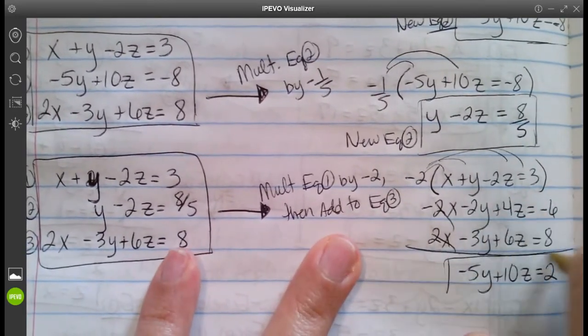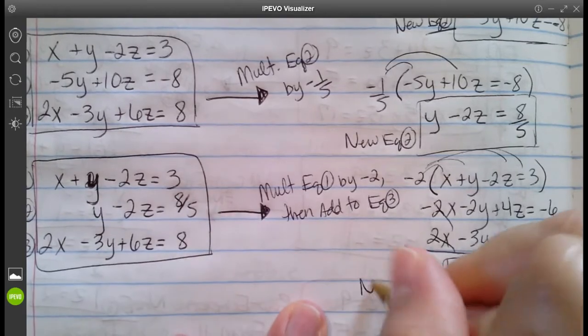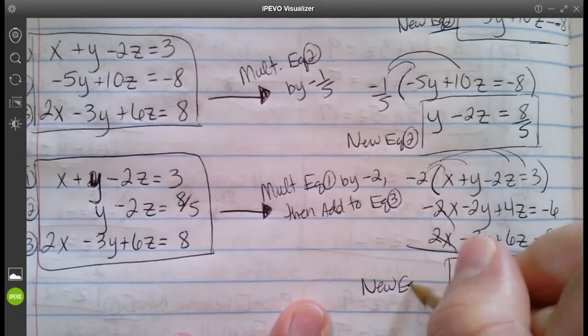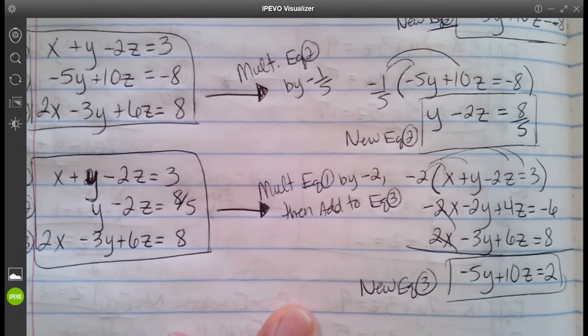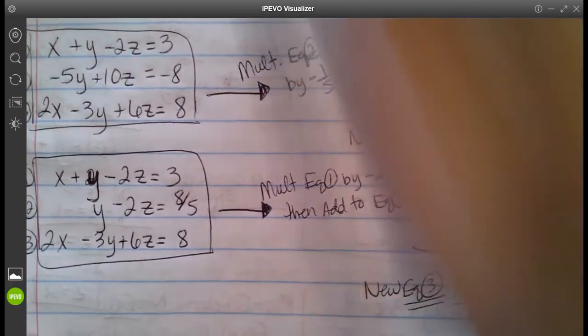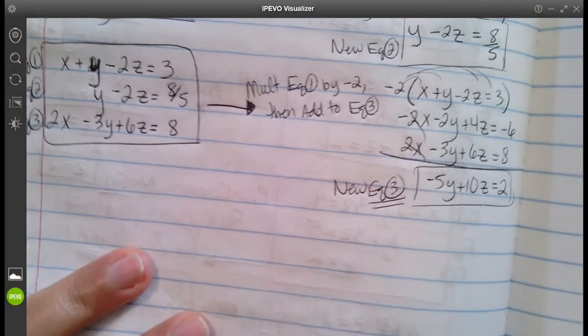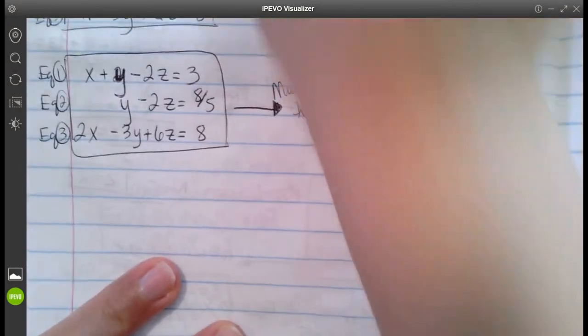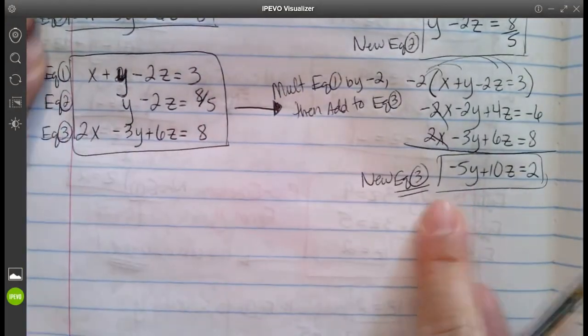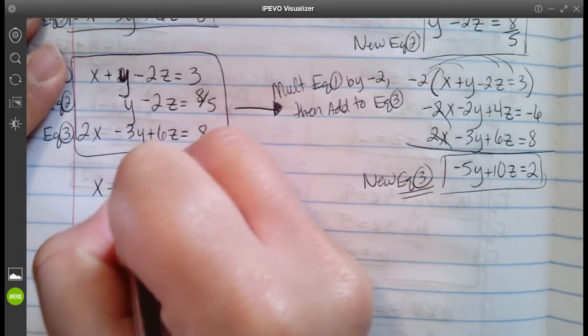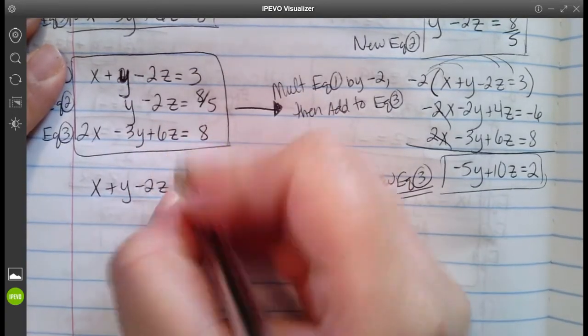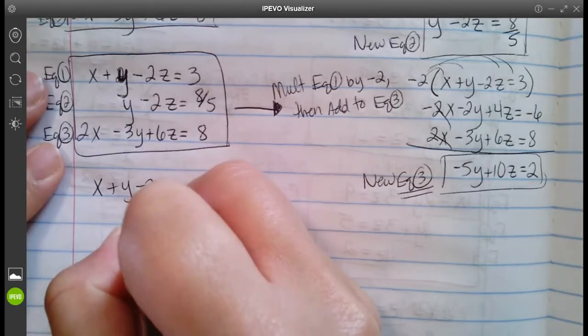Okay, so this is now our new equation 3. And some of you are going to start seeing some ways to do a little bit of a shortcut for this, like going from here to the next step, but I won't talk about that. I'll let you figure it out. This becomes our new equation 3, so let's go ahead and rewrite it. X plus y minus 2z is equal to 3.